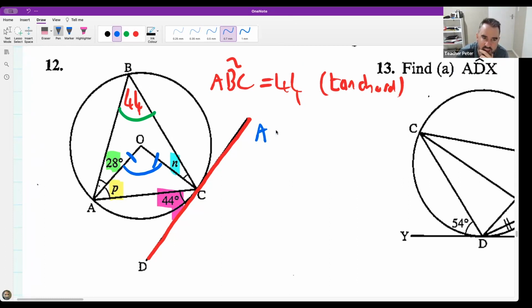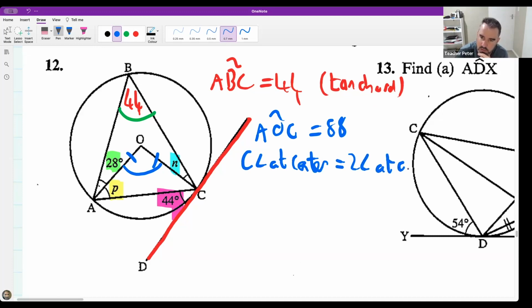And that will be AOC being 88. And that will be angle, let me do it below because I'm running out of space, but angle at center equals twice angle at circumference. So this will be 88.